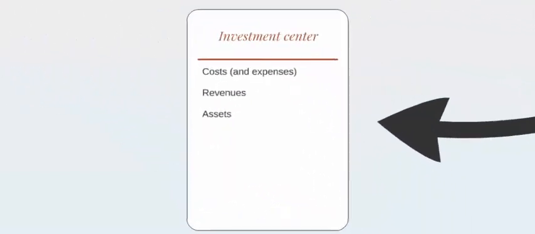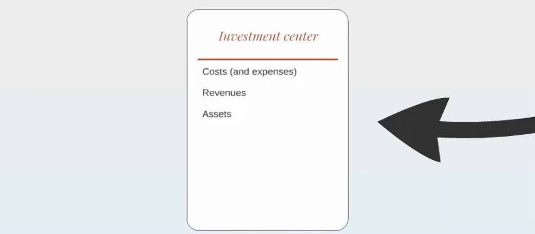The last type of center is an investment center. Again, we're doing kind of a step up, so this is a step above a profit center. An investment center has the same things that you saw in the profit center. So they have control over or responsibility for costs and expenses and revenues, but now we also throw in assets.